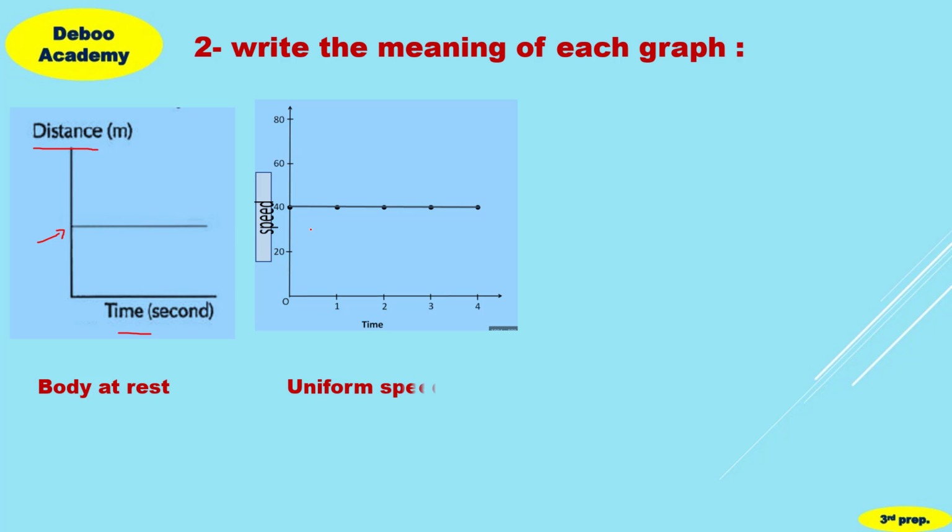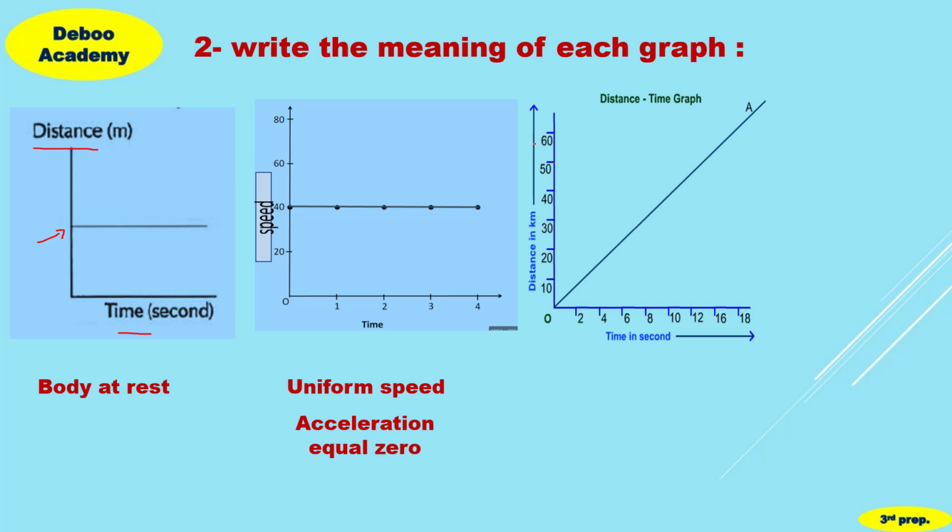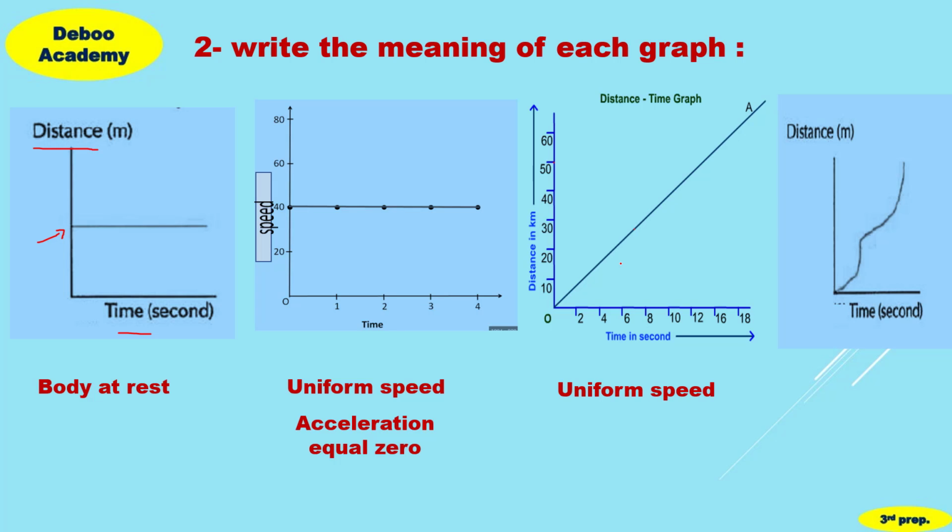This means uniform speed with the acceleration equals 0. This third graph, distance and time, means this is uniform speed. The last one, between distance and time, is non-uniform speed.